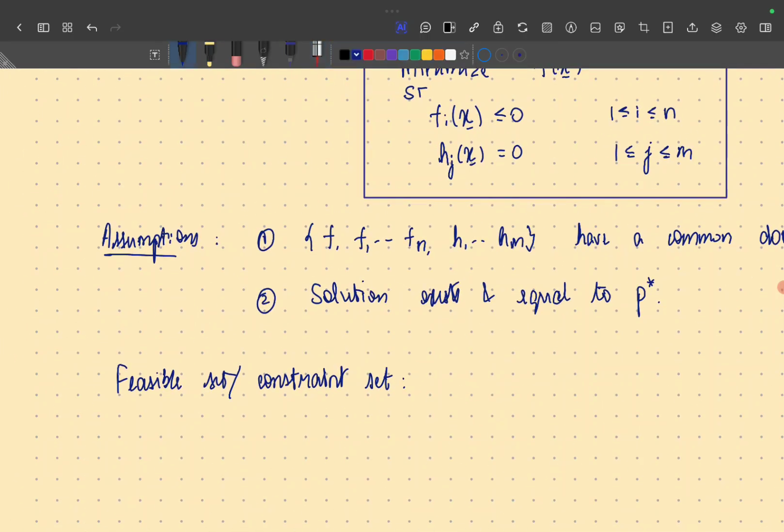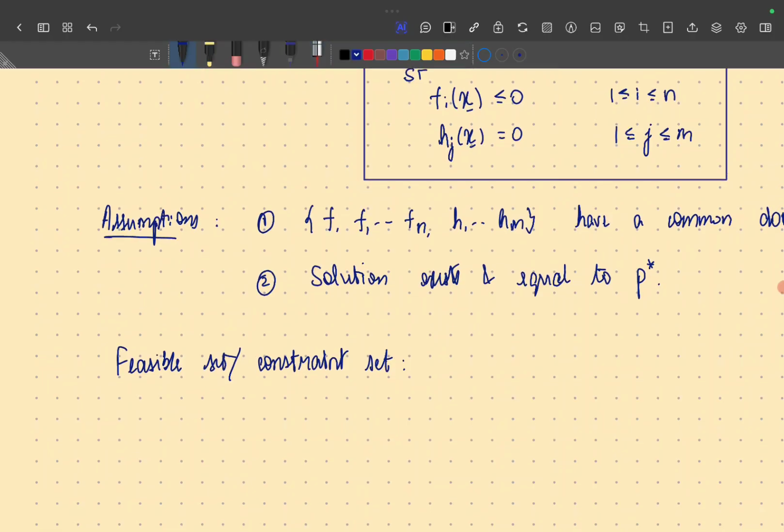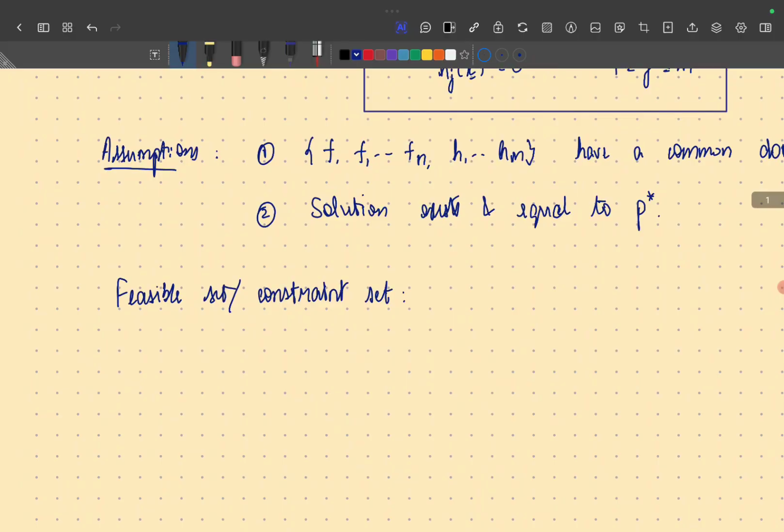As we've seen, the constraint set, the set of all points in the domain that satisfy these constraints, I'll also refer to as the feasible set, or in some cases the primal feasible set, for reasons that will become clear soon.